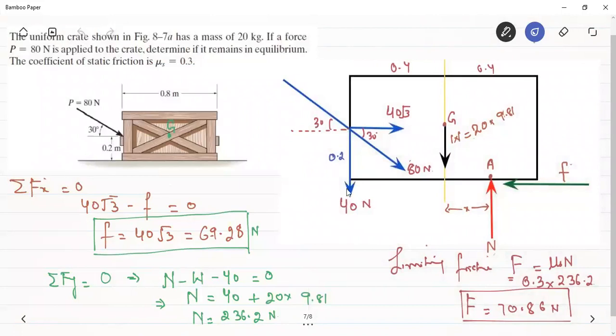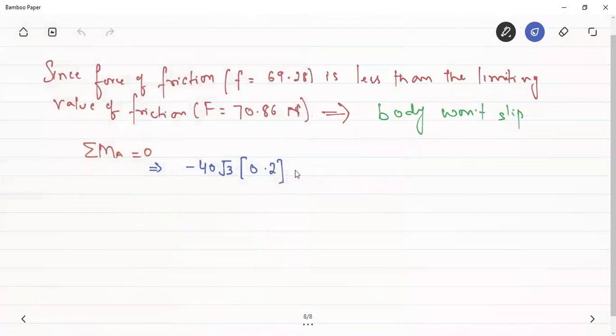Sorry, 40 root 3 was causing a clockwise moment about A. This 40 Newton will cause an anti-clockwise moment about A, whose magnitude is equal to 40 into the force arm, which is 0.4 plus x. This anti-clockwise moment has to be positive, so this will be 40 into 0.4 plus x.